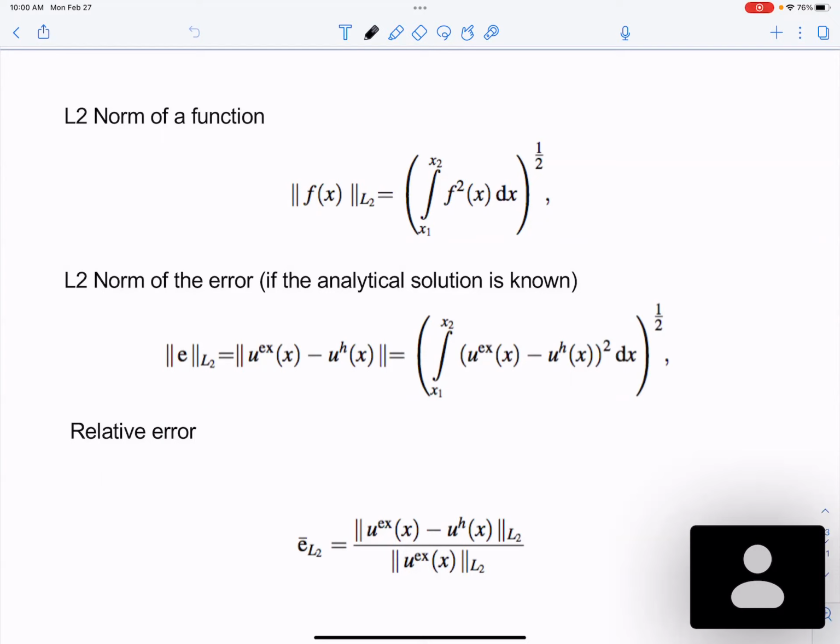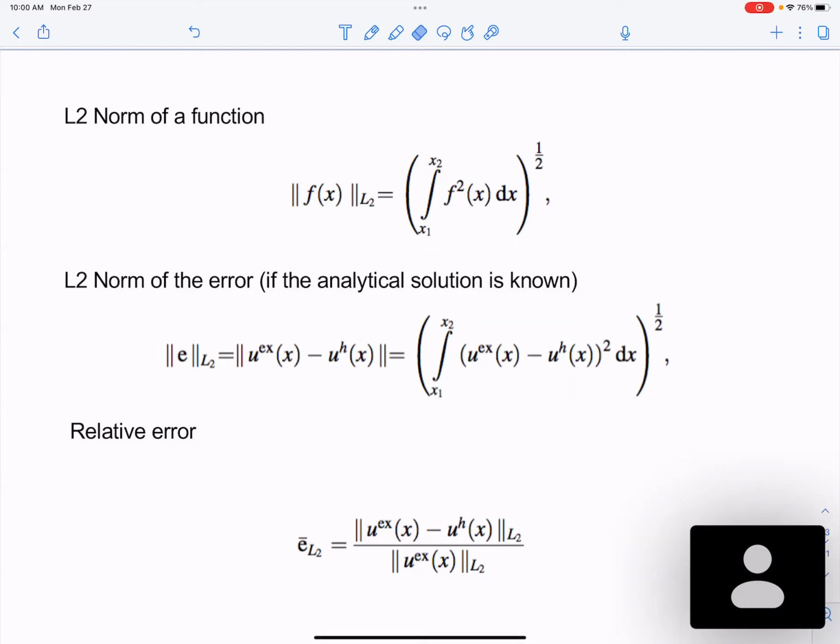And these are just ways of defining it. When I say the finite element solution should be getting closer to the exact solution, how do I measure how close it is? Well, you integrate the error. If you think of norms of vectors, you square the elements, add them up together, and then take a square root. If you want to get the norm of a function, you square the function, integrate it, and take the square root. So this is like taking the norm of a vector, but for a function.